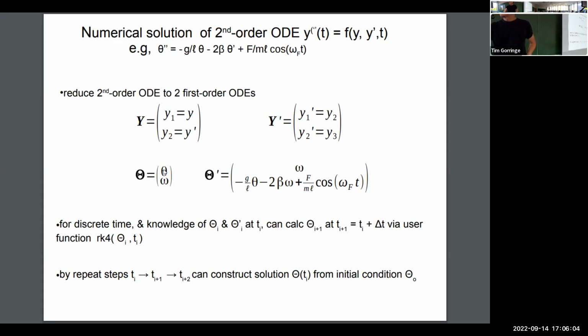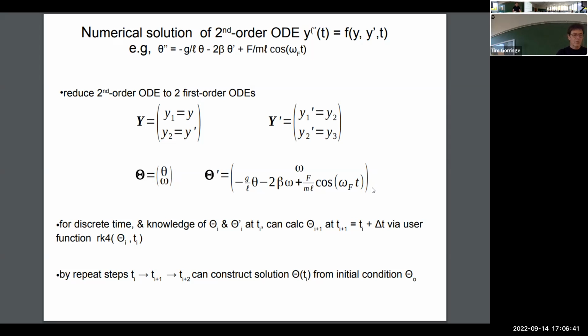Our two variables are theta and the rate of change of theta, so that's omega, the angular velocity. And the differentials of this little column vector of theta and omega: the differential of theta is omega, and then the differential of omega, which is the second order differential of theta, is just that differential equation, that function over here on the right for our differential equation. So that's how we're formulating the problem.